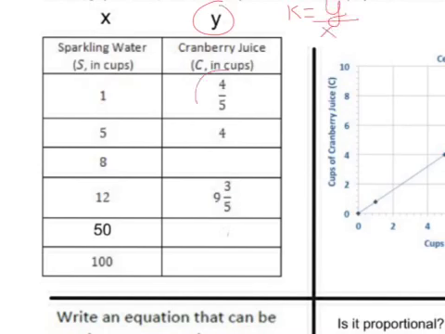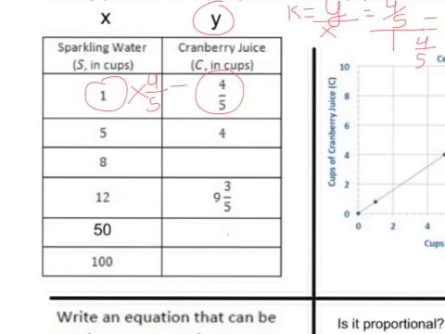In this case, the y is 4/5. We're going to put that over the x of 1. So anything over 1 is just itself, so we're going to wind up with 4/5. So 1 times 4/5 equals 4/5. So that means that's our constant of proportionality. So we have a fractional constant of proportionality, just like we said we would in the beginning.